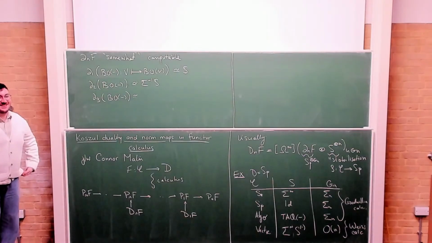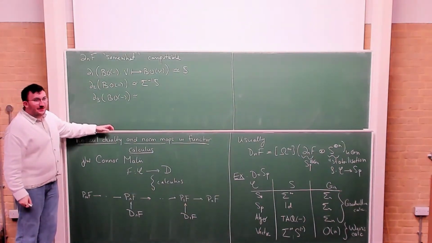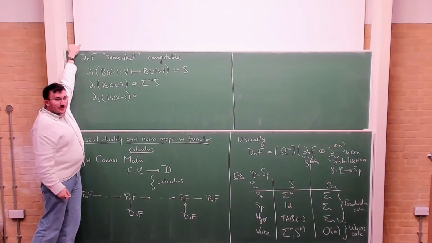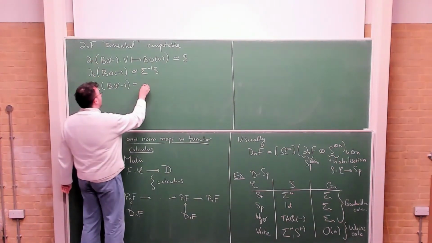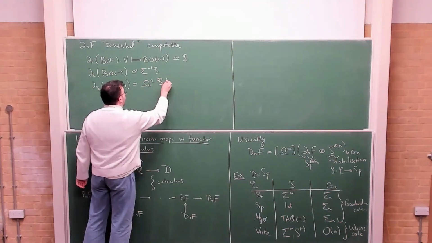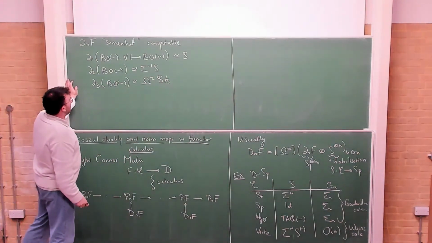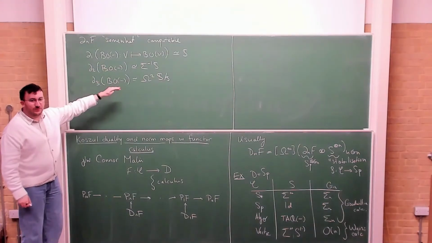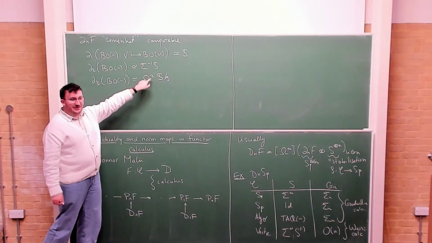Please. It's a Moore spectrum. It's a loop of the mod 3 Moore spectrum. So in particular, you cannot deduce the terms of the sequence from the first two terms. Weird things can happen.